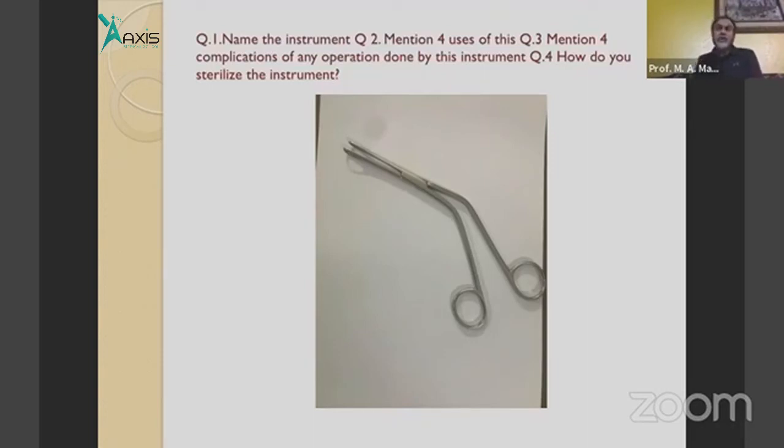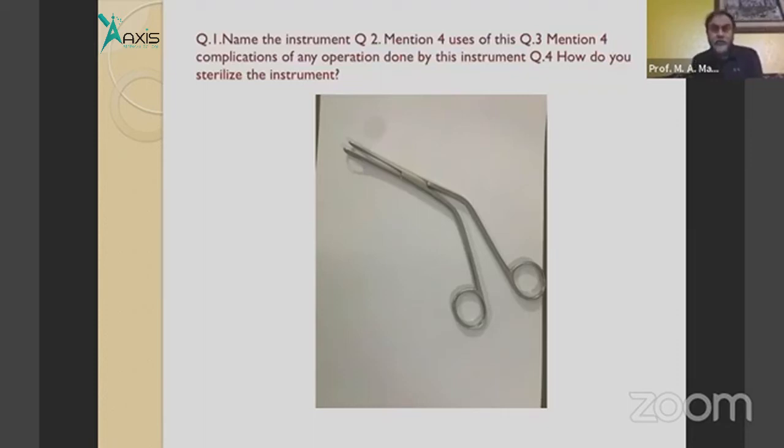We can use it to hold the nasopharyngeal angiofibroma. We can hold and push it during surgery of nasopharyngeal angiofibroma, or any other tough mass from the oral cavity, oropharynx, or nasal cavity. We can hold it and do the operation.